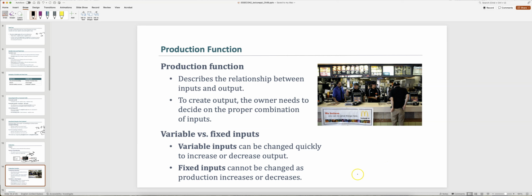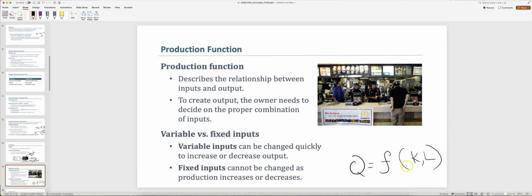Don't get all weirded out here. The quantity of production would be a function of the amount of capital and the amount of labor, these inputs. So the output is a function of your inputs. Why is it a function? Well, because that's the production process.